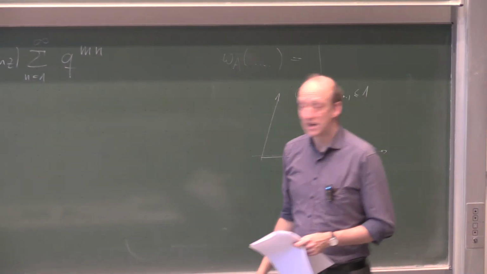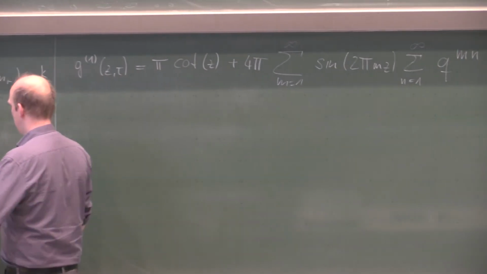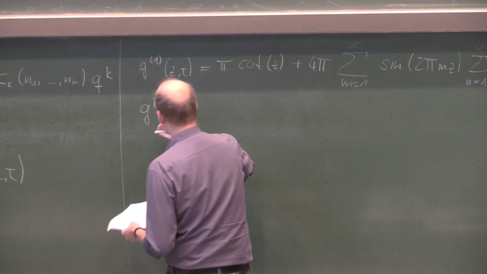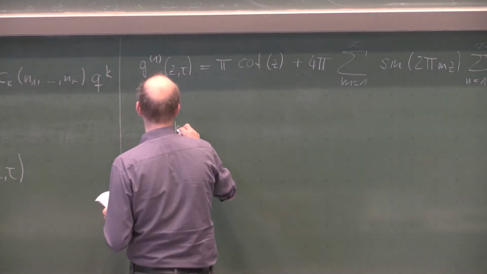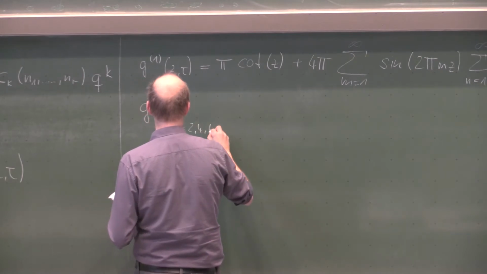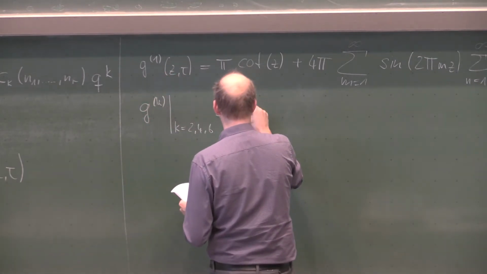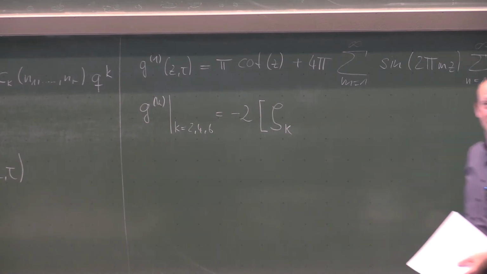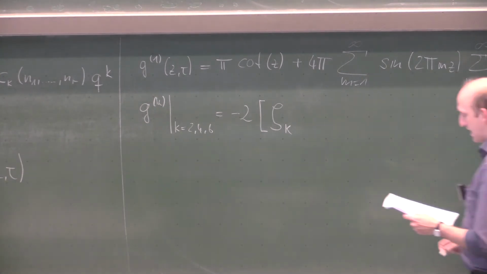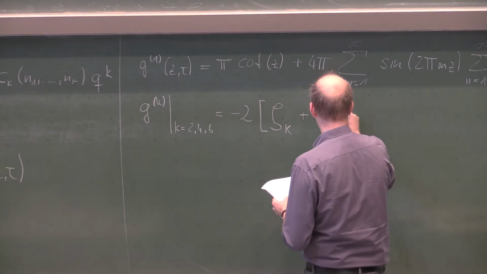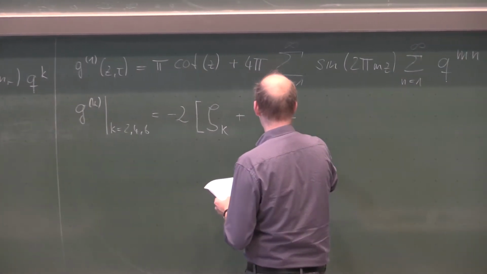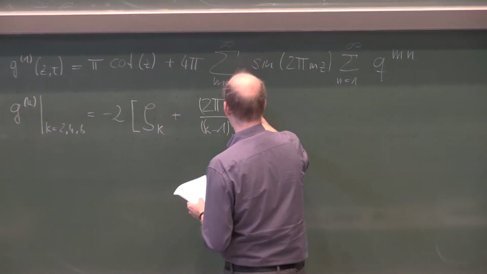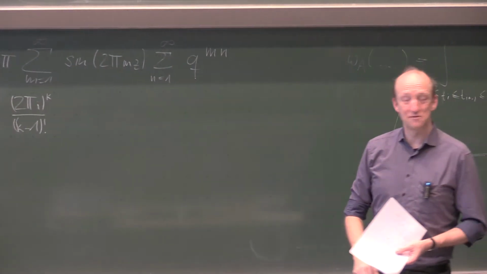That's what we want. And then there are 2 other versions, so you have to distinguish between even and odd, k equal 2, 4, and 6. And it will have something like a zeta function of k in the beginning. And then there is again a large factor, 2 pi i over k minus 1 factorial, the whole thing to the power k in order to get the right transcendental weight.